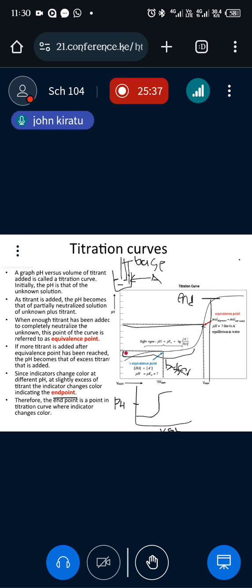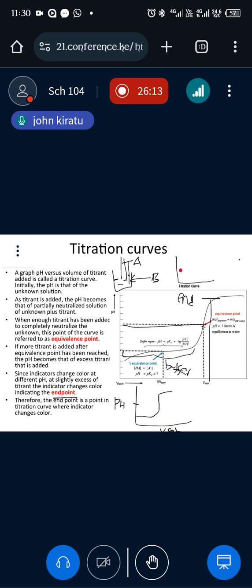So basically the shape of a titration curve looks like this, but it doesn't look like this every other time. For instance, now our acid is in the burette, and the base is what we want to know, the unknown.